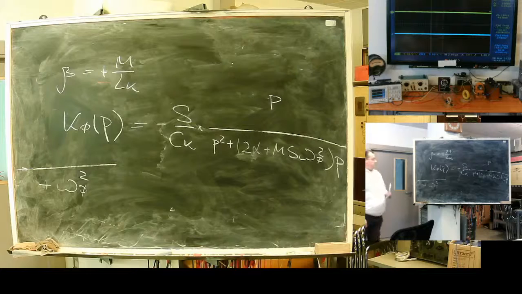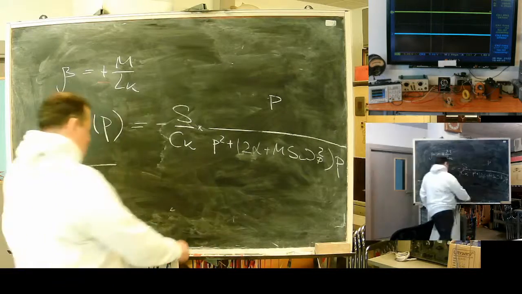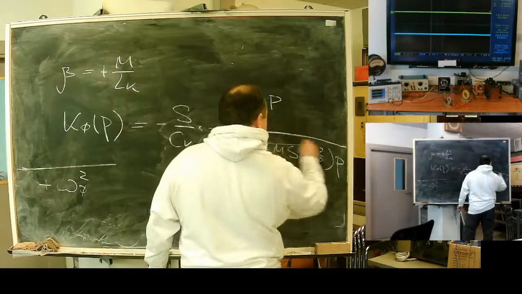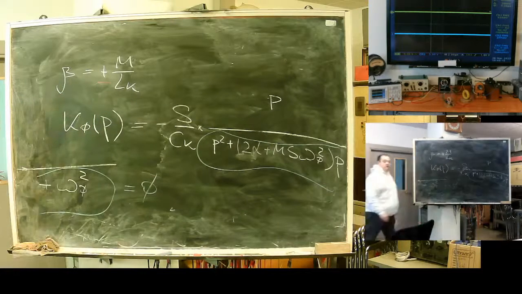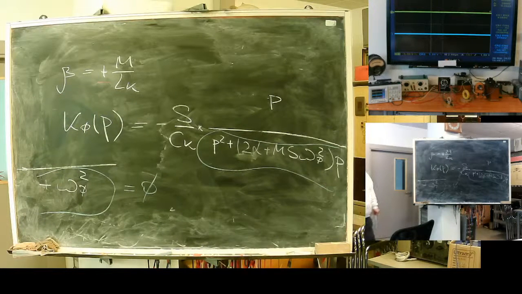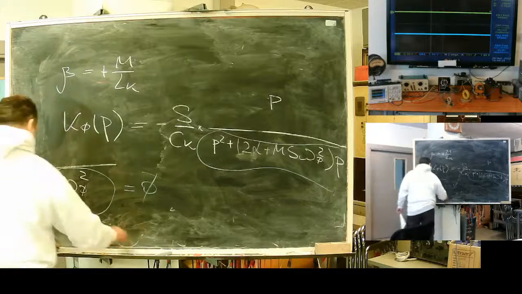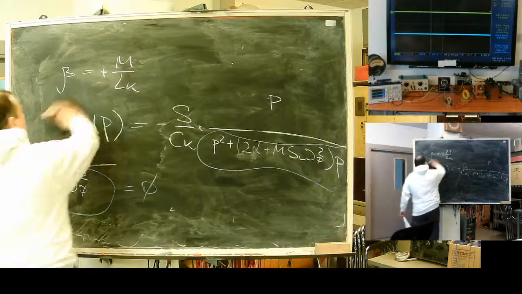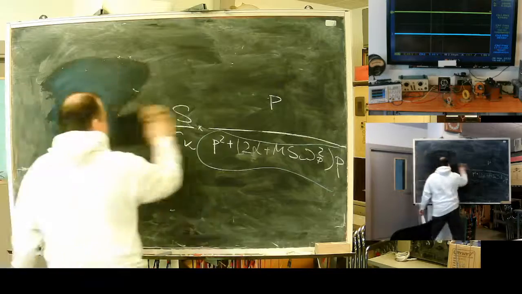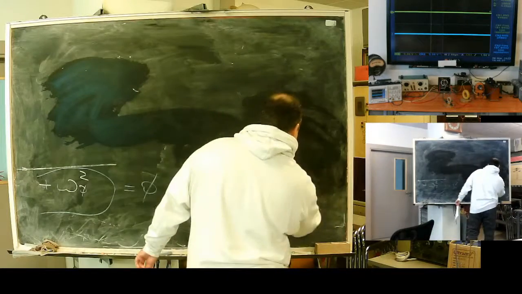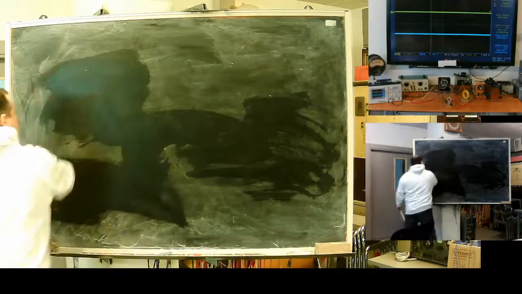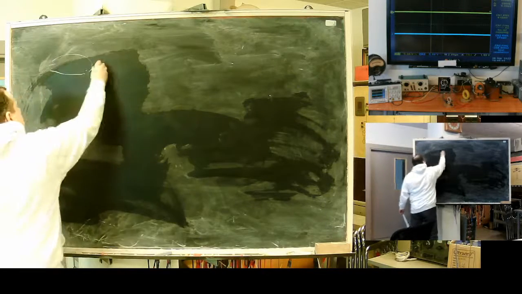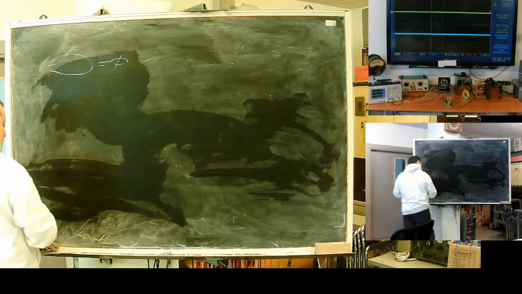Now we need to analyze this overall system. How? Take the divider and solve an equation when it's equal to 0. You need roots of the divider. And what will we have?